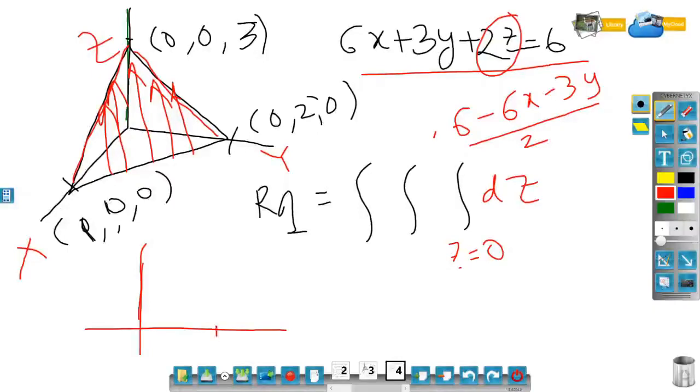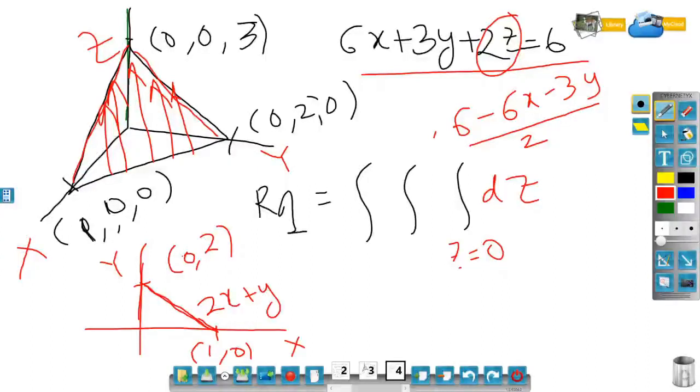So with z equal to 0, the point is 1 comma 0. The projection will be on the xy plane, and the other point is 0 comma 2, and this is the line. The equation of that line is 6x plus 3y equal to 6, so I'll have 2x plus y less than or equal to 2, because I will be taking the inside part again.